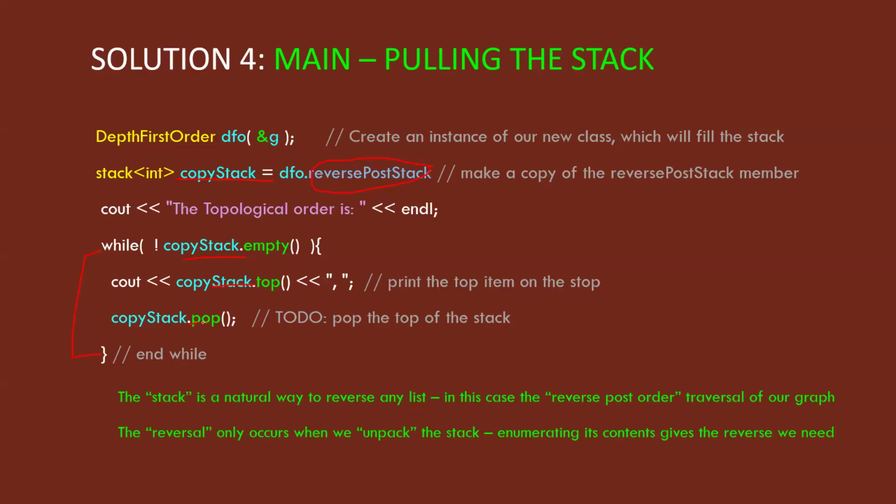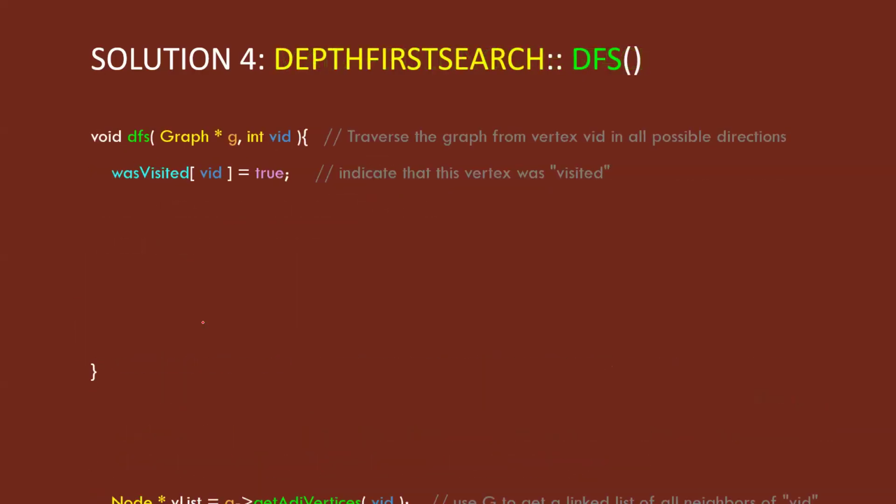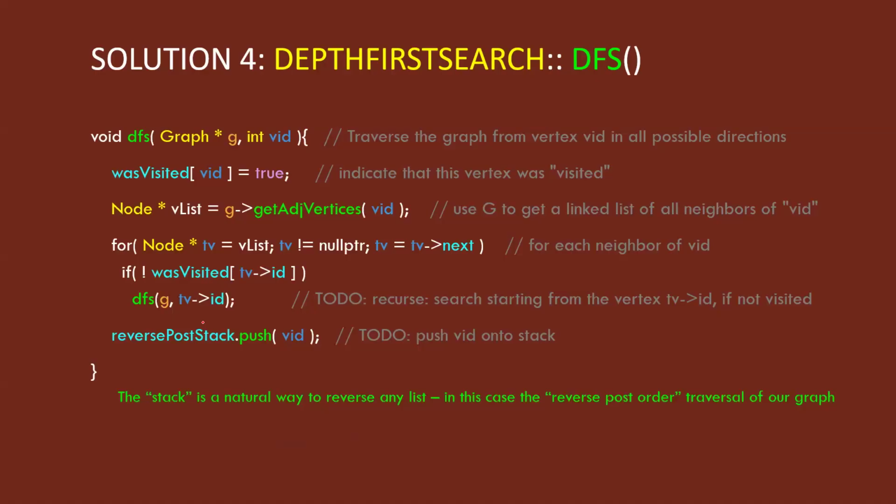Now the stack isn't absolutely critical. You could put it on a vector, so you could just append these things to the end of a vector and then list the vector out from position 0 to the end. It's traditional to use a stack, but you could also do it with a vector if you wanted to. And there's all the code that we updated there.